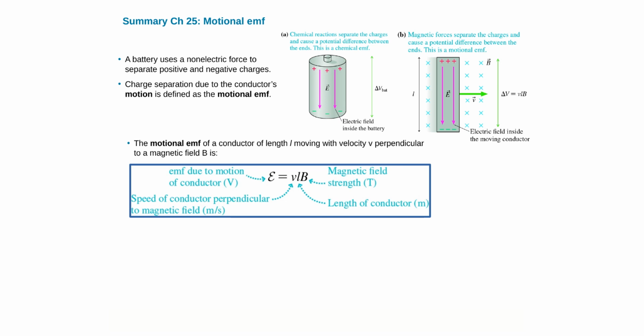I'm going to start with motional EMF. We talked about how if we move a conducting wire or conducting sheet through a magnetic field, there will be charge separation in it because of the magnetic forces pushing charges.